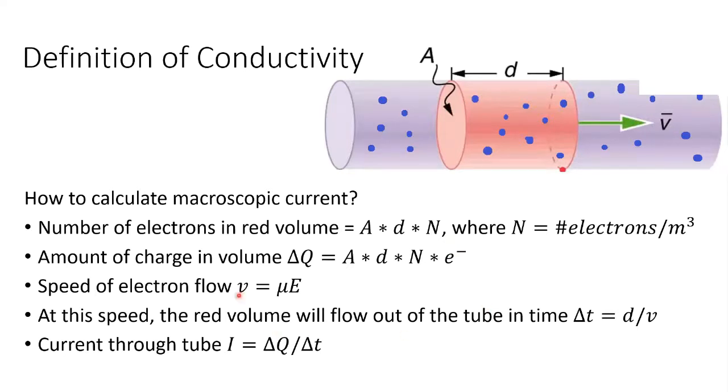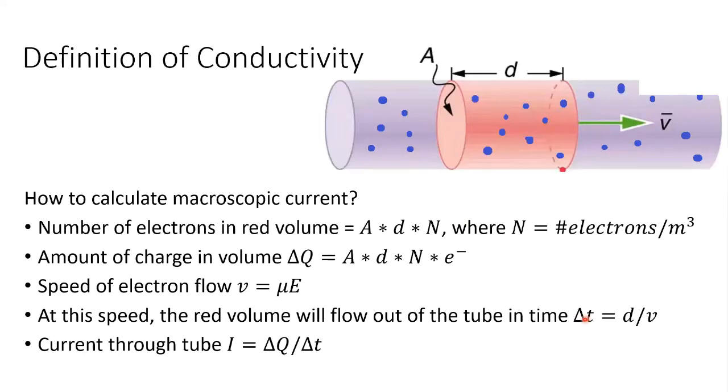Now, we already know that these electrons are traveling through the solid at a speed of v, but this also means that the amount of charge inside of that red volume will enter this wire in the same amount of time it takes for an electron to pass from one end to the other end of this volume.